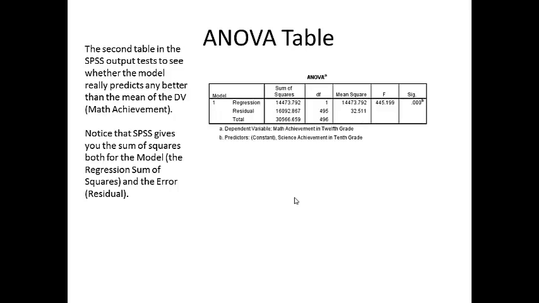You'll notice that SPSS gives you the sum of squares both for the model and the error. In this example, we have a large F, so that's a pretty good model, and it is significant. In other words, there's a big difference between the model and the error, and we want it to be that way.